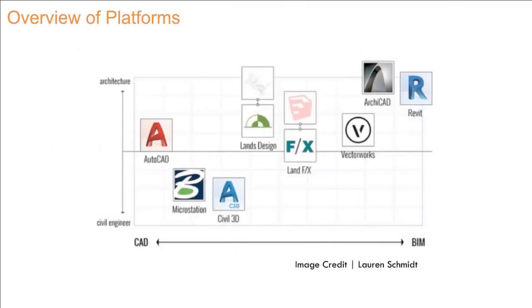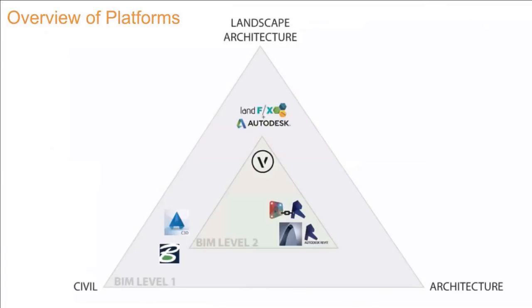So again, I come back to Lauren's graphic here, but I wanted to show one that I put together looking at the different BIM levels, augmenting that, and then showing what's most useful for landscape architects. Right now, we use a lot of AutoCAD and Land F/X, and that gets us almost to the edge of BIM Level 2.